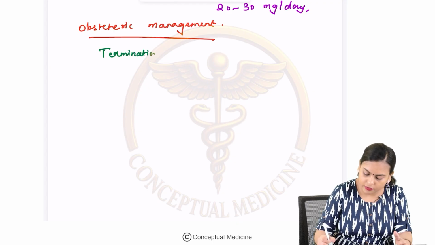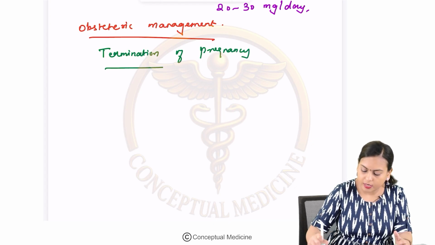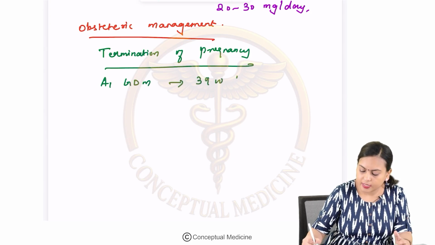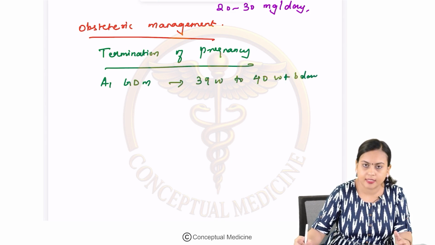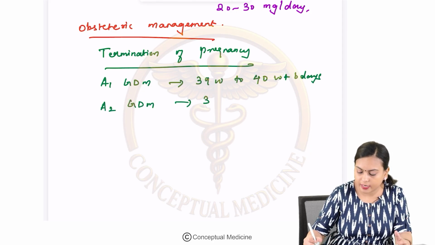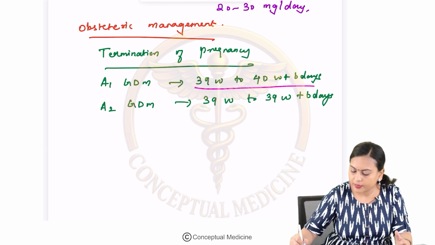Termination of pregnancy in a case of A1 GDM is done around 39 weeks to 40 weeks plus 6 days. In a case of A2 GDM, you have to do it at 39 weeks to 39 weeks plus 6 days. So these are given in the guidelines.